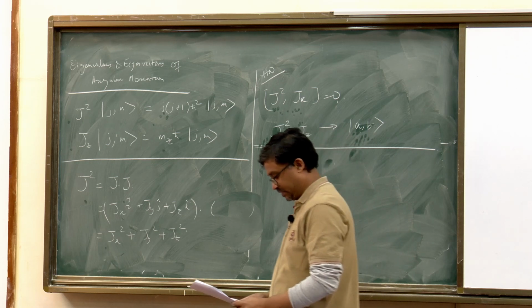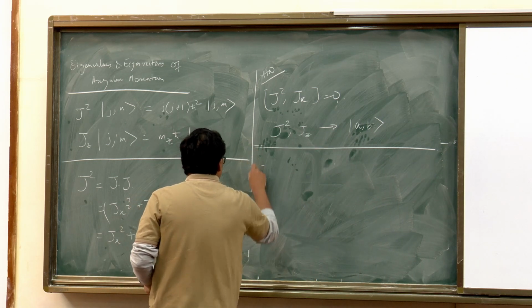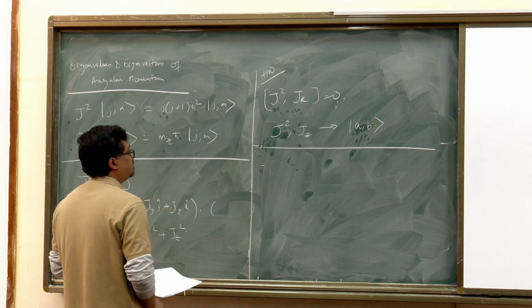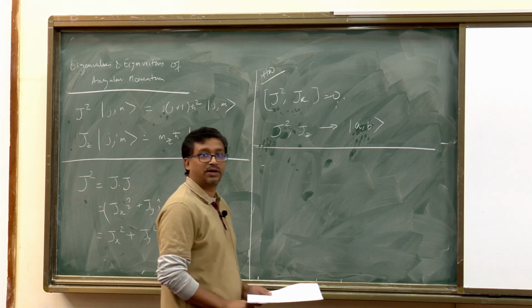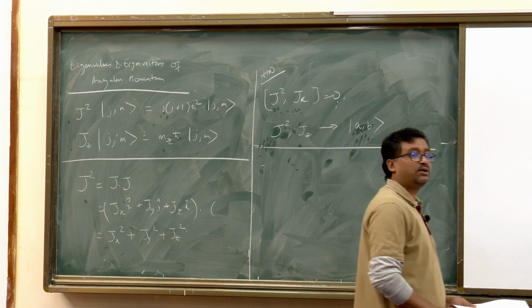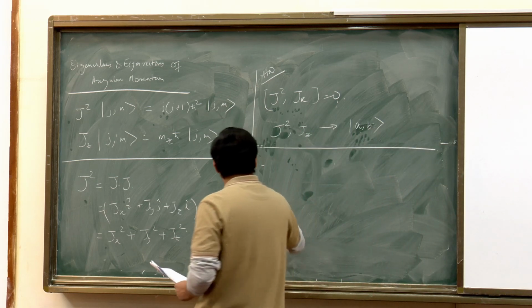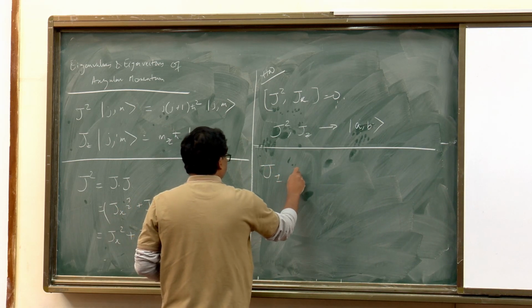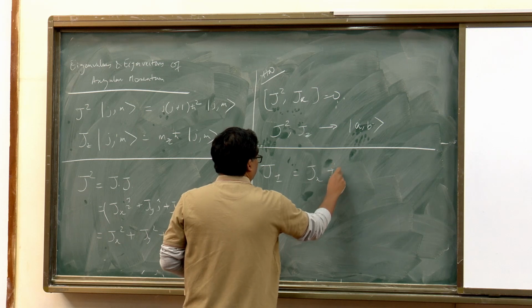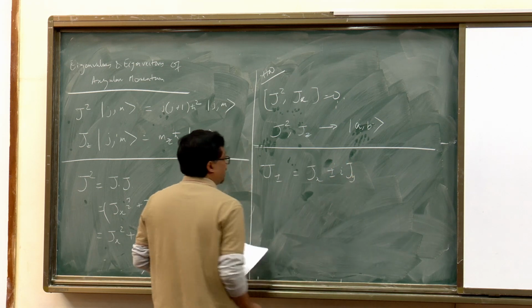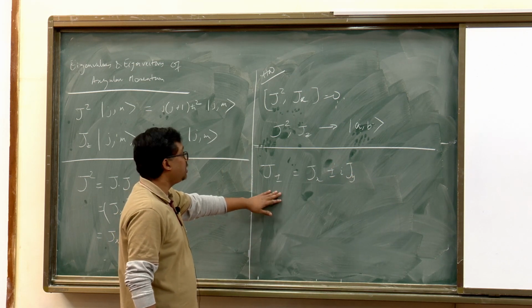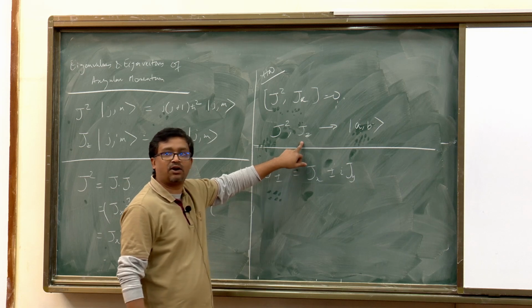Now in order to derive all these relations, we need a second set of operators. These are known as ladder operators, and many of you have encountered this. So the ladder operators are defined as follows. Again this choice is solely based on the fact that we have taken Jz out of the picture.